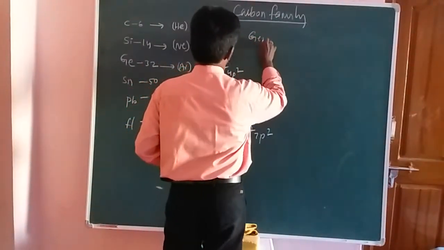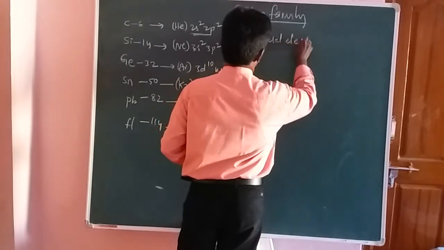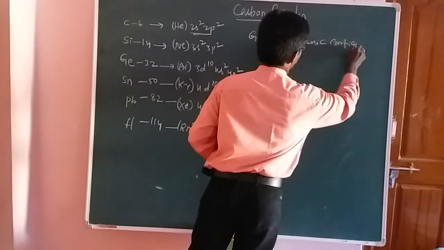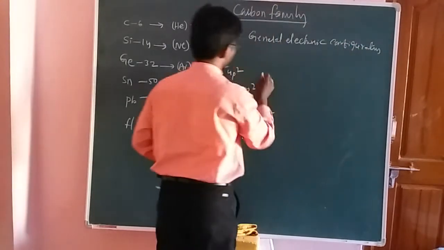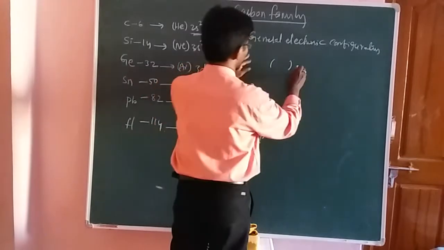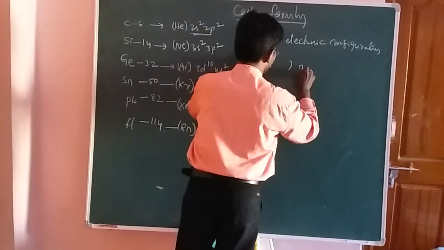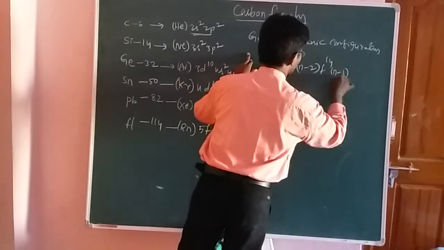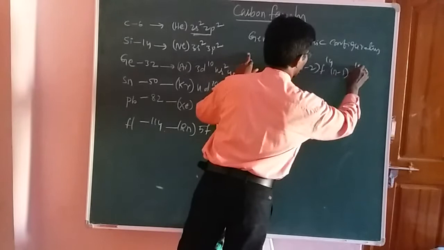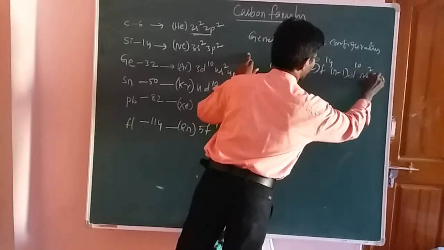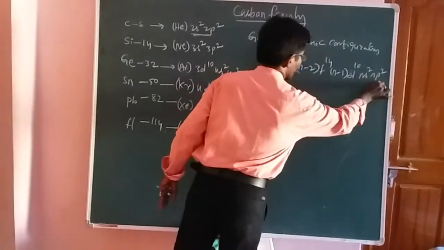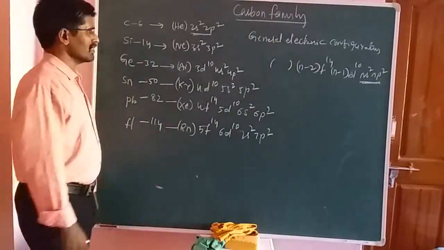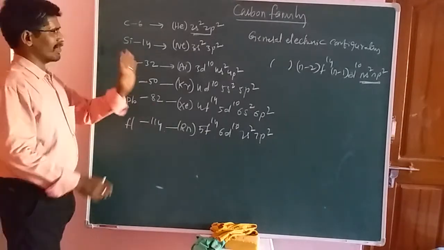General electronic configuration is, so this is for the upcoming elements, and the next one is n minus 2 f1 to 14 and n minus 1 d10 and ns2 configuration, and next one the np2 configuration. So this is the general electronic configuration for these elements. Okay, now clear.